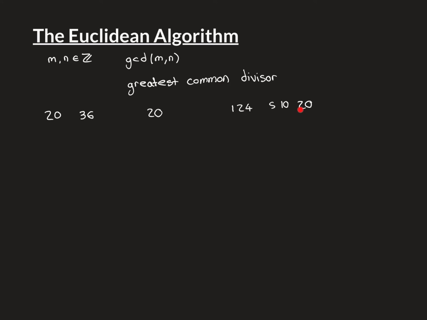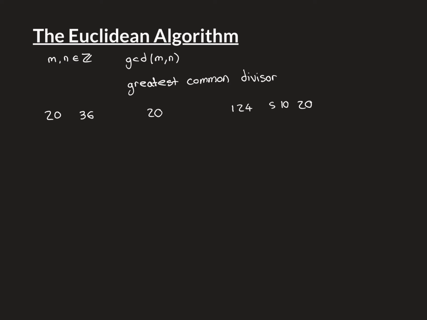If you had something in between 10 and 20 that was multiplying to give 20, the thing it was being multiplied by would have to be in between 1 and 2. So we can be pretty confident in our list here, and in fact that's the complete list of all of the positive integers that divide 20.